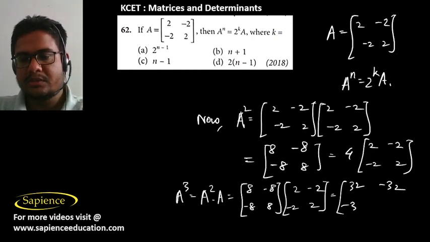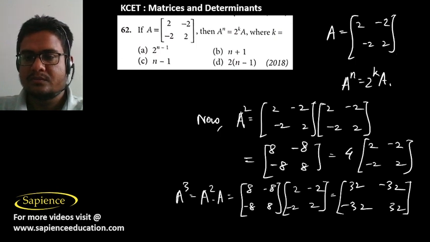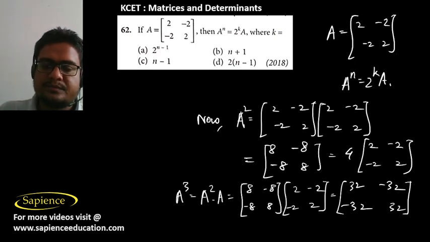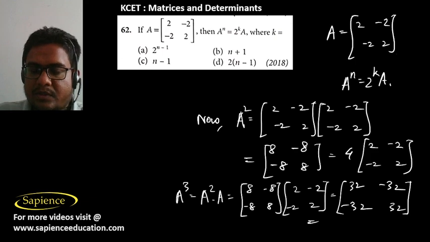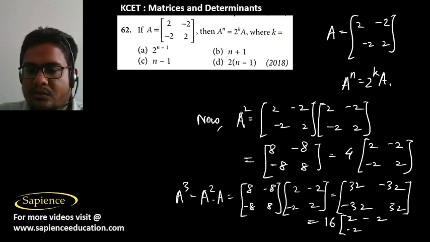This is also minus 32. From here I can take 16 as common, so this will be 2 minus 2, minus 2 2.